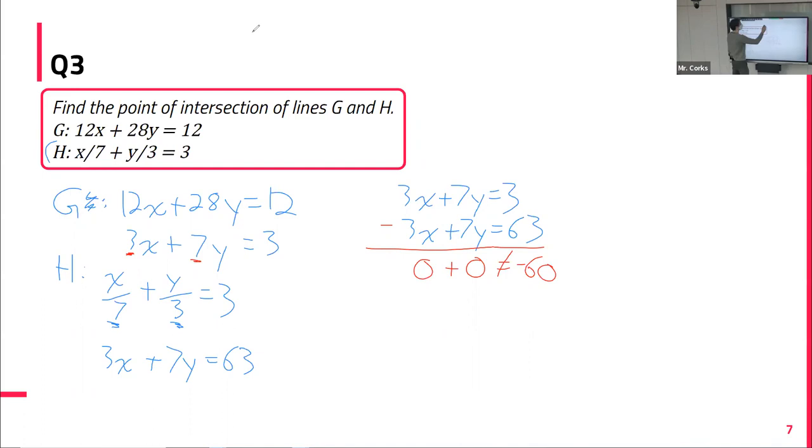Slopes in our standard form, ax plus by equals c. I don't know if I talked about this in class, but we definitely talked about it in a workshop. What's the slope? Not just a.